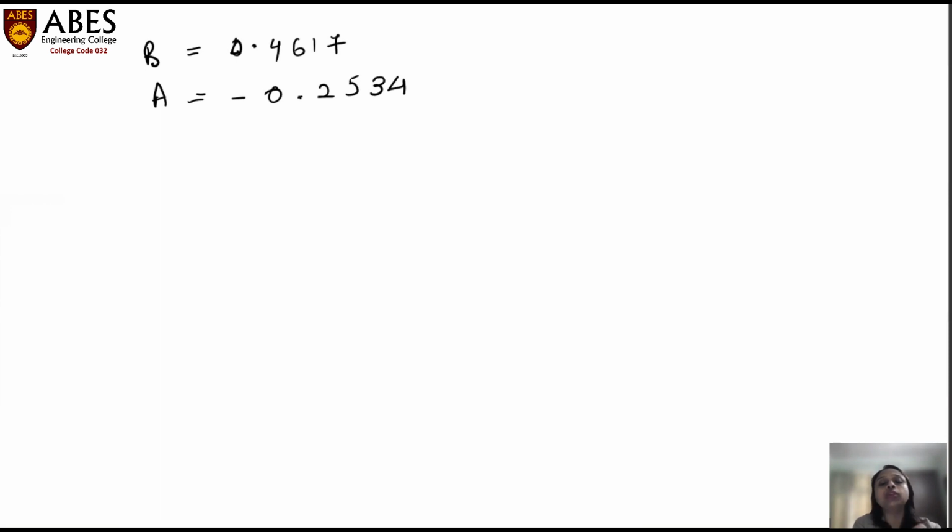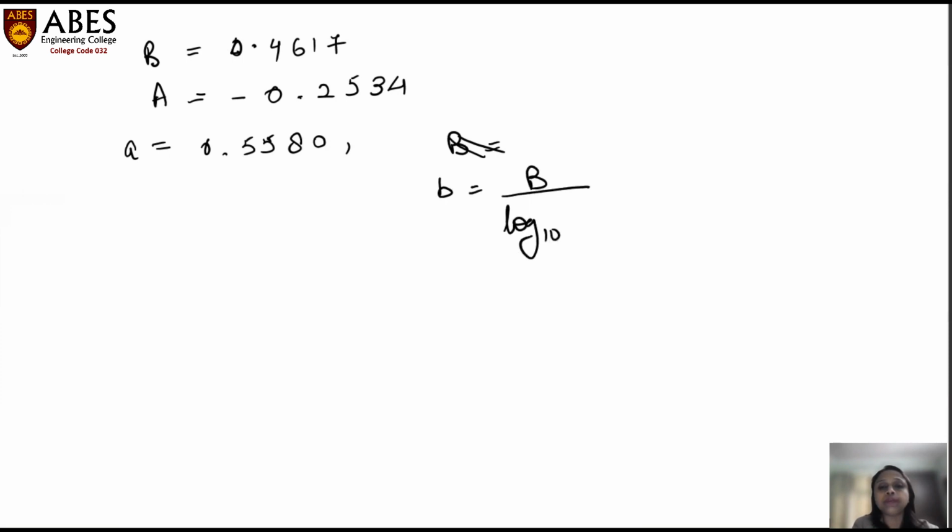These are the two values we have found for capital A and capital B. Now we can find small a, that is antilog of capital A, which comes to be 0.5580. And small b is capital B by log to the base 10 e, which comes to be 1.0631.